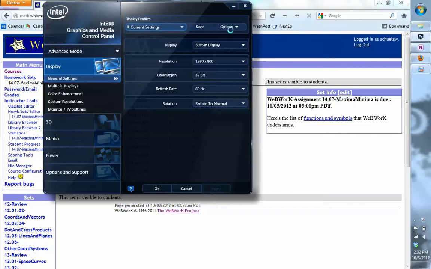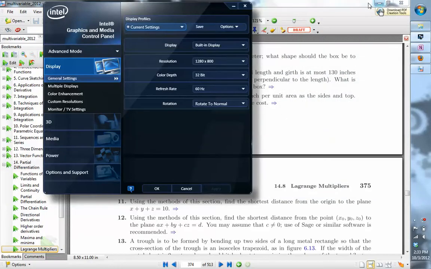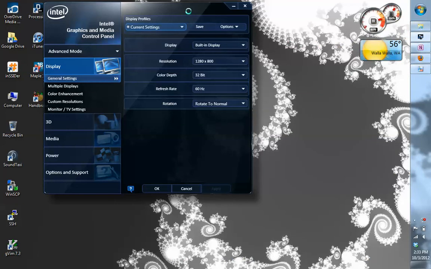Easier said than done, apparently. So I guess the computer's thinking deeply about something right now. Whatever it is computers think about.